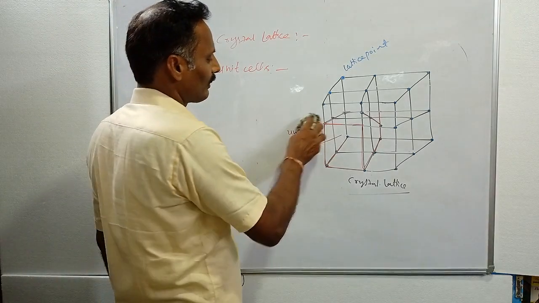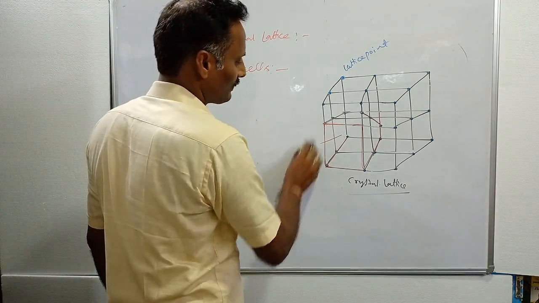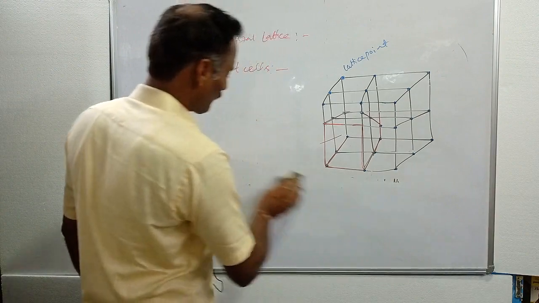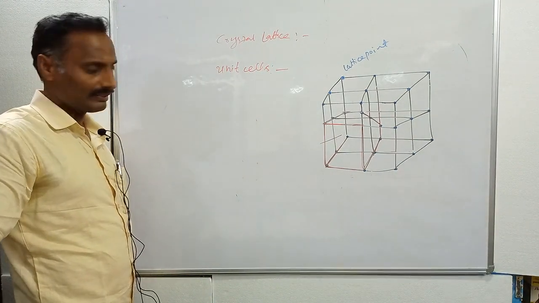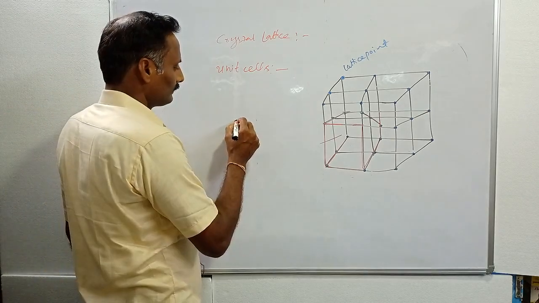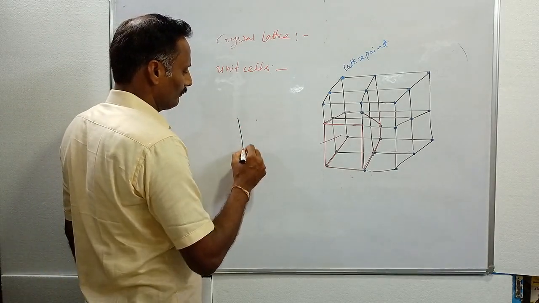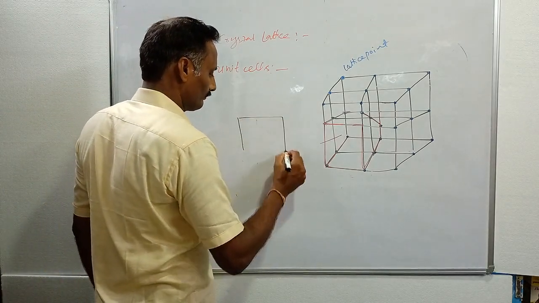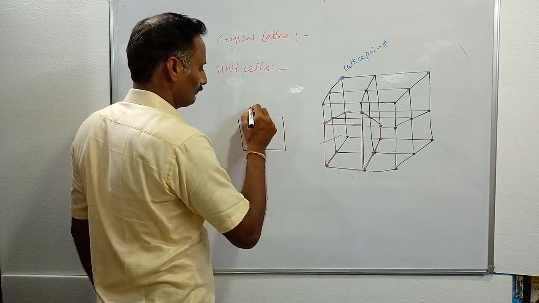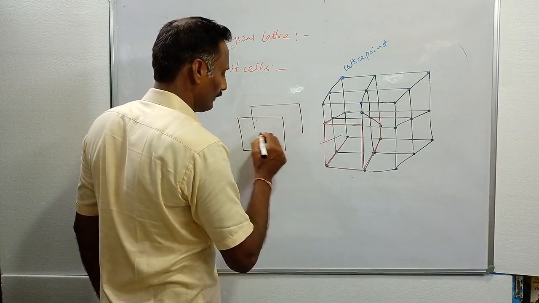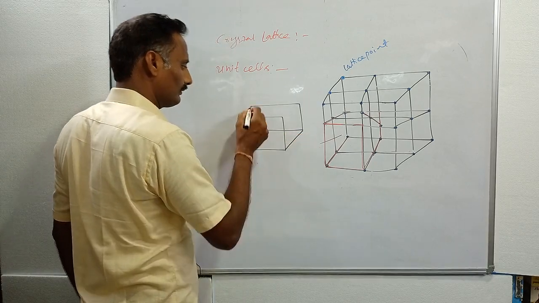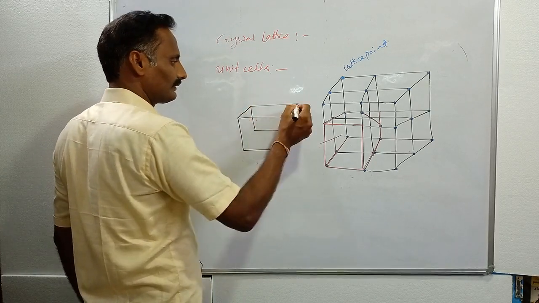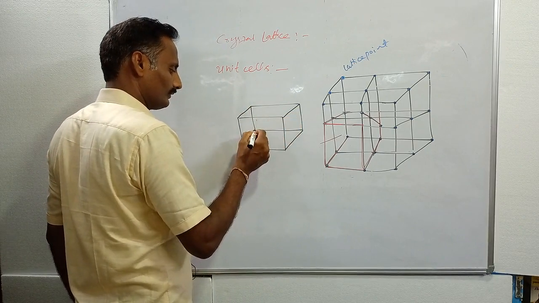Then after this, you will come across different types of unit cells. A unit cell is characterized by 6 parameters. For example, if you draw a unit cell like this, this is a unit cell, and this is an edge length.